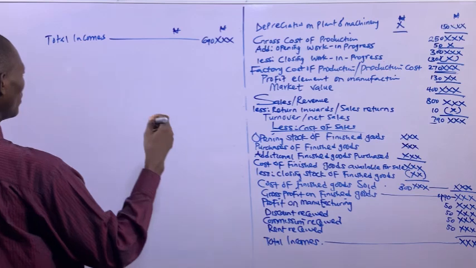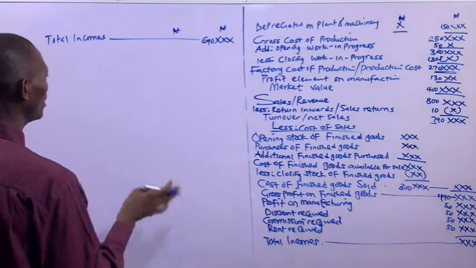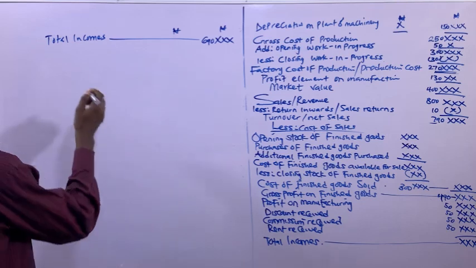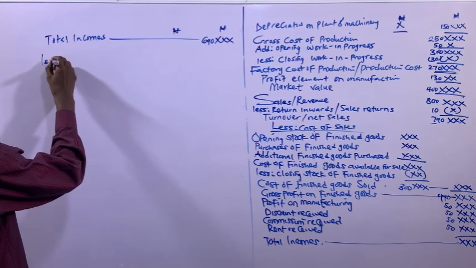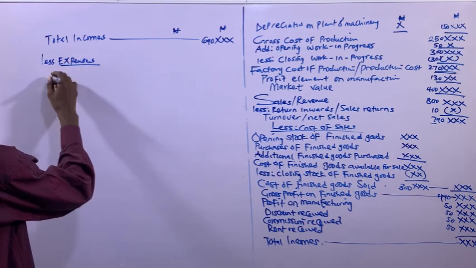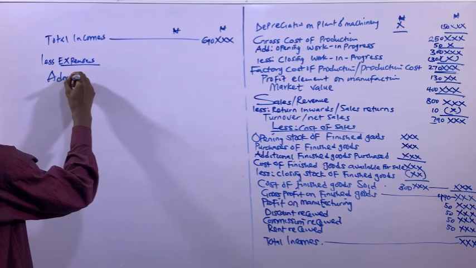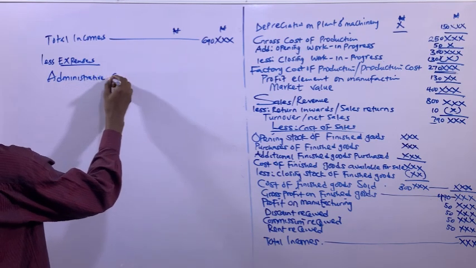So for the purpose of clear understanding, let me classify those expenses. So less expenses. The first expenses that we have is administrative expenses.